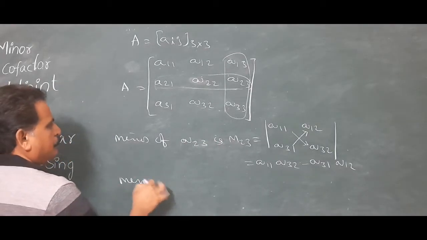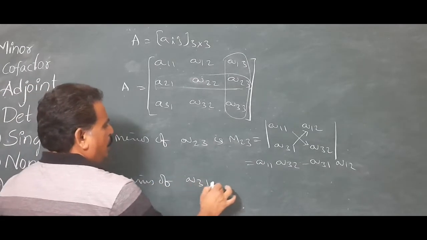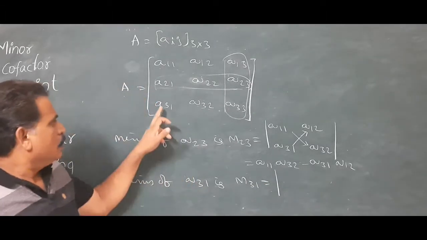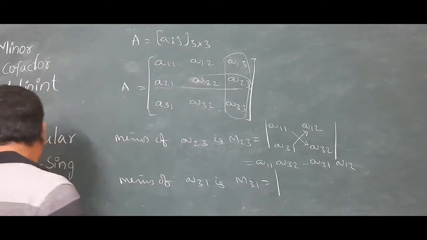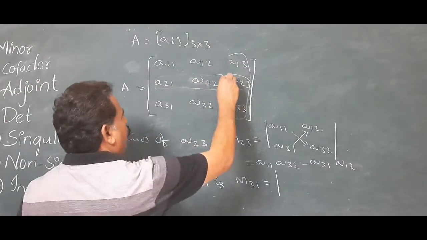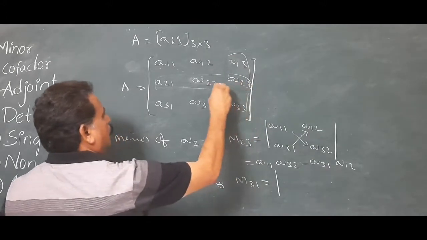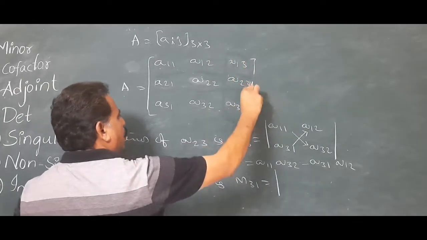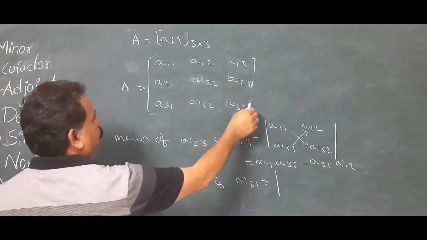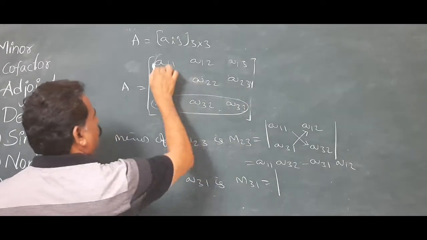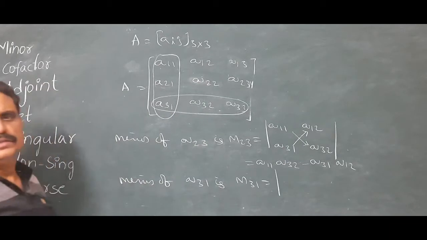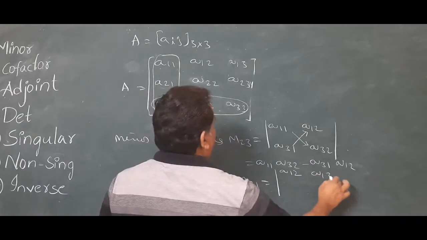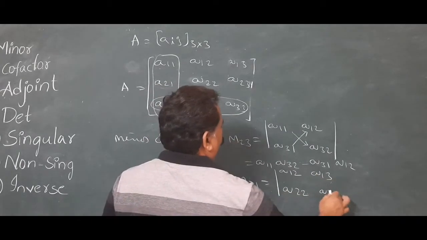Another example. Minor of A31 is M31, equal to the determinant of the matrix obtained by eliminating third row and first column. Just underline that: third row and first column. After eliminating, the remaining elements are A12, A13, A22, A23.